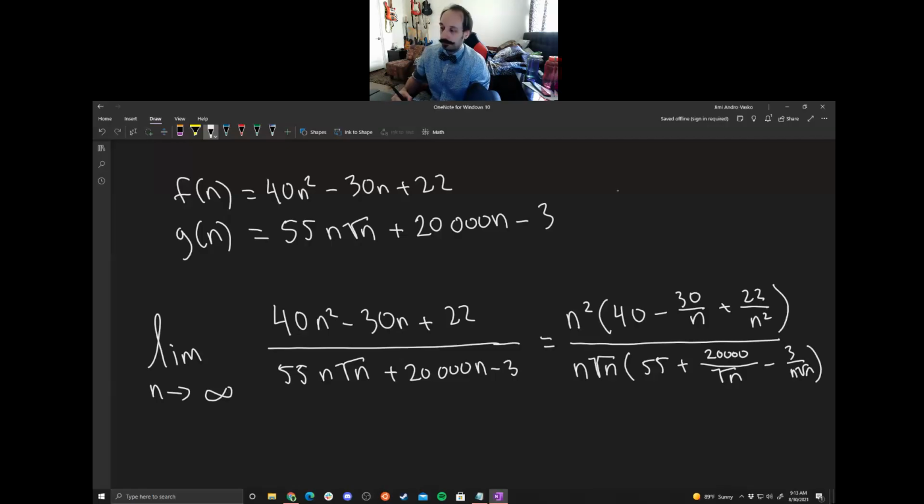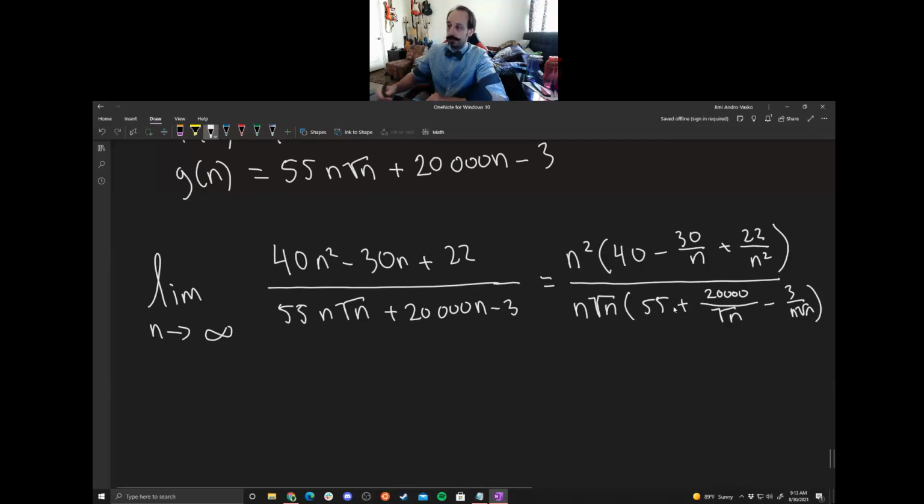Alrighty, so I factored these out. What's going to happen is that root n remains at the very top.